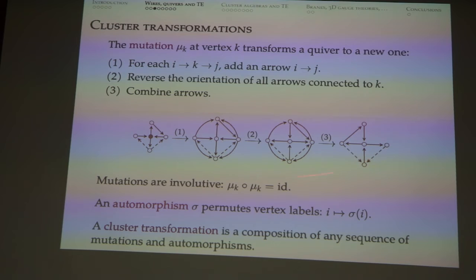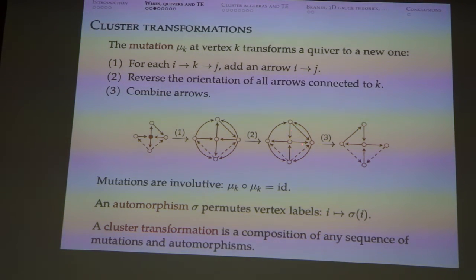So this is an example. If you start from this quiver and apply a mutation at the middle vertex, the first step is to add these 4 arrows, and the second step is to reverse the orientation of arrows connected to the middle vertex, and then finally I combine these arrows.